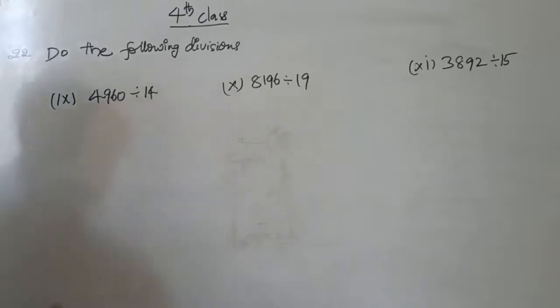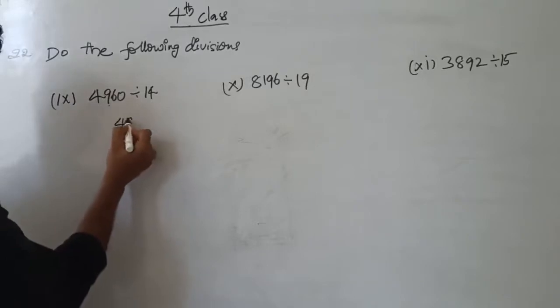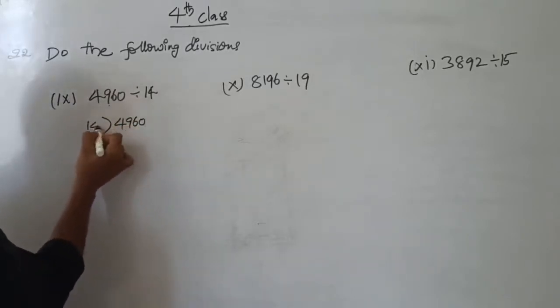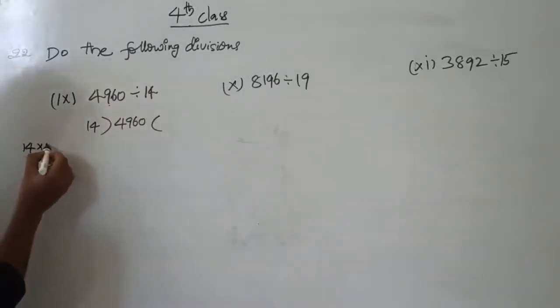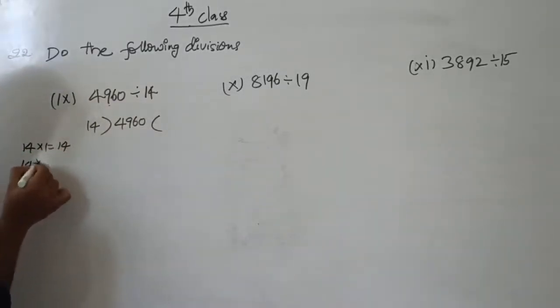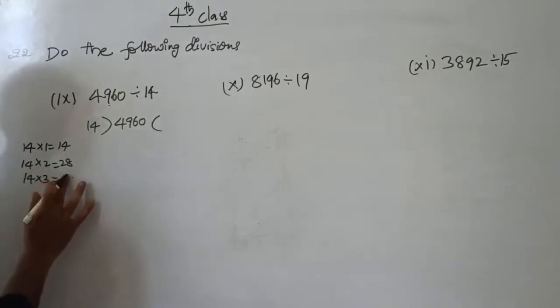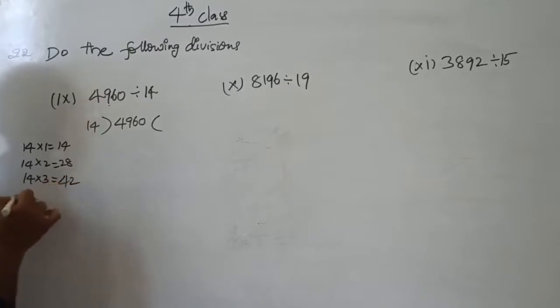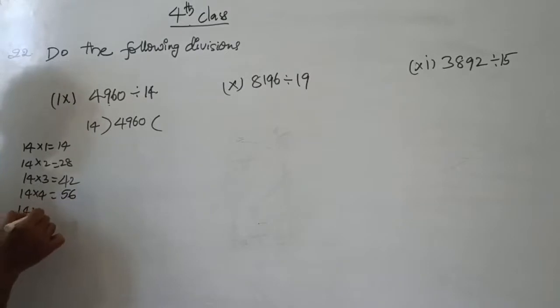See here, 4960 divided by 14. We know that this is the dividend and this is the divisor. So 4960 and here 14. First of all, I am writing the 14 table here. 14 into 1, 14; 14 into 2, 28; 14 into 3, 42; 14 into 4, 56; and 14 into 5, 70.